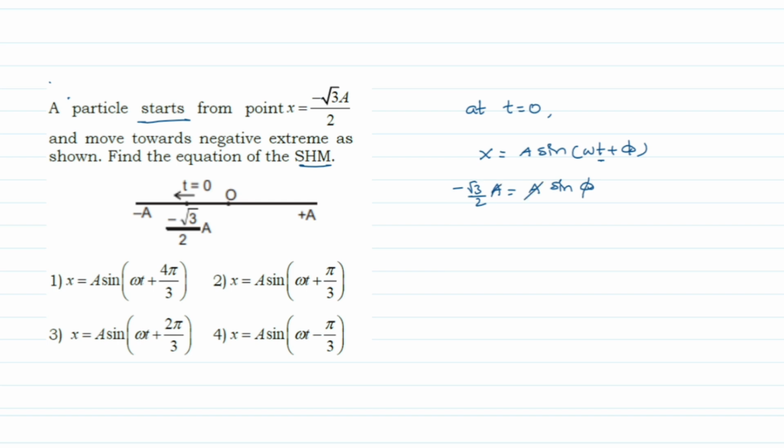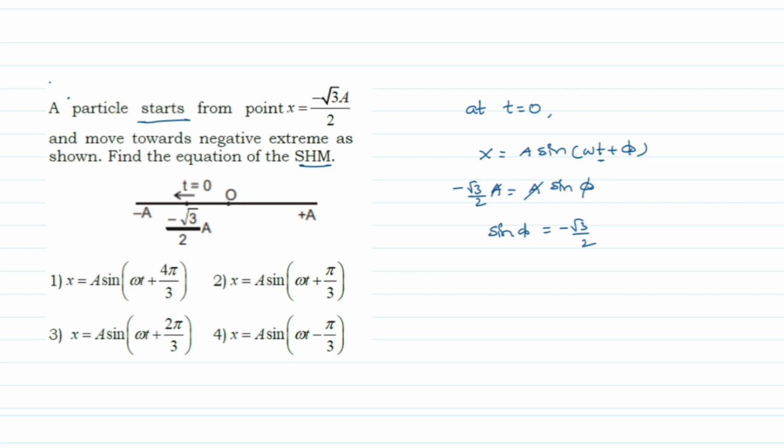A gets cancelled, then sin pi value will be minus root 3 by 2. We need to verify this minus root 3 by 2 value in terms of radians.